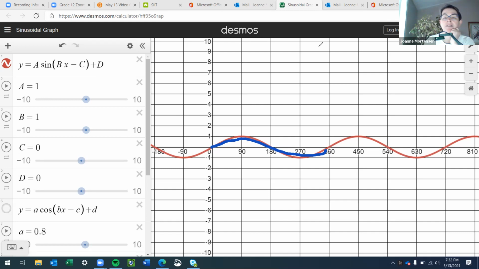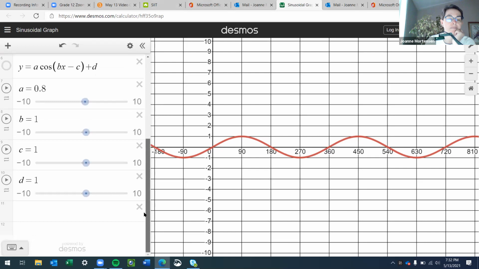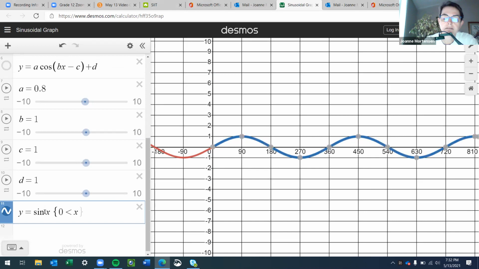That's horrible. Let's clear that. I can't draw very well. Let me just add a little graph down here to the bottom. y equals sine x, and whoopsies.